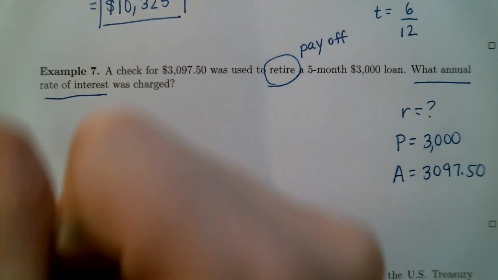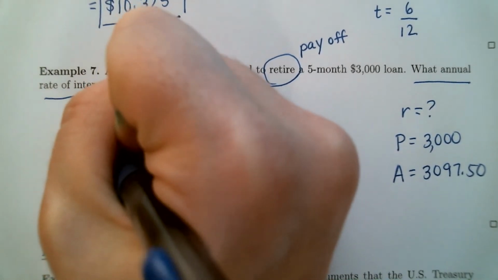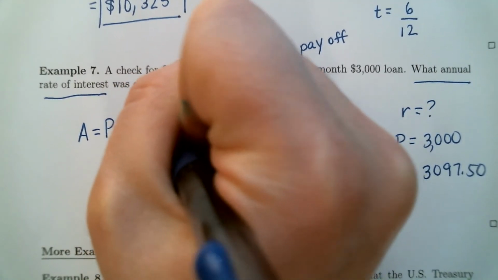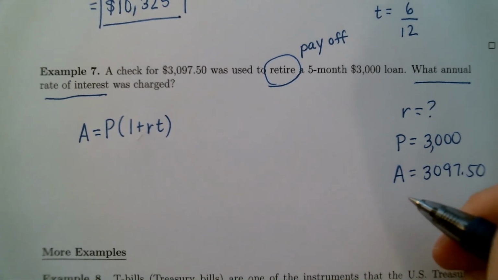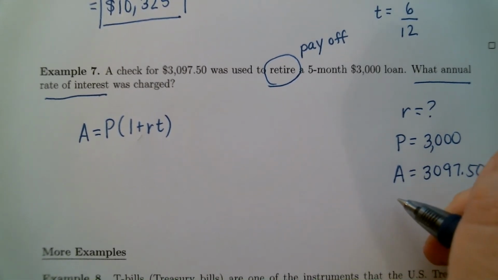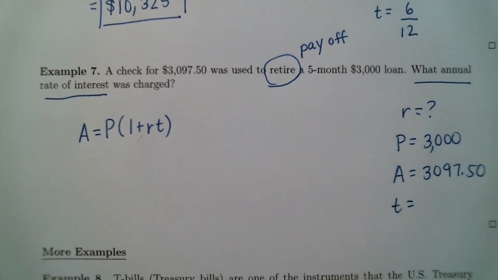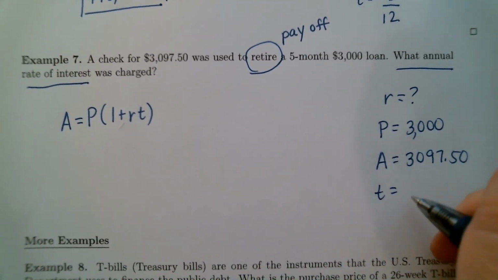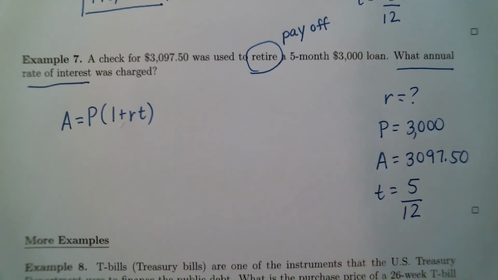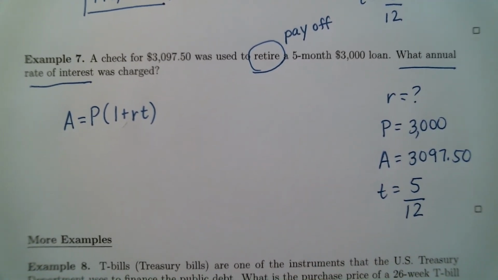So that's why it's preferable to use this formula. All right, so we know the P, we know the A, we're looking for R, so we need to write down the T value. The money was borrowed for 5 months, so you're going to write down 5 months out of 12, 5/12. And let's go ahead and plug everything in.